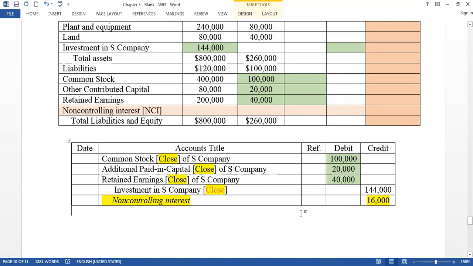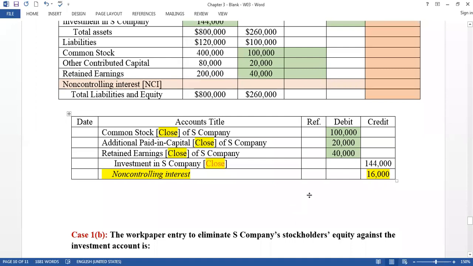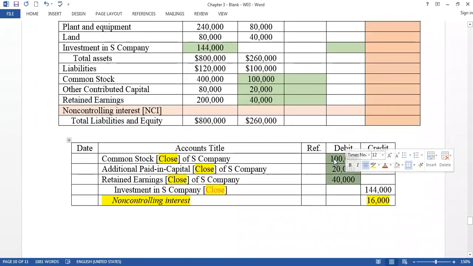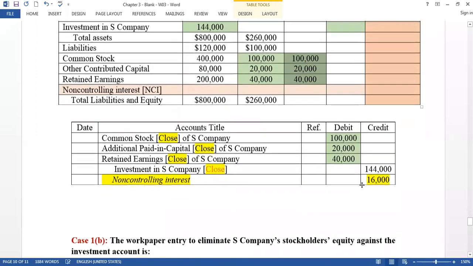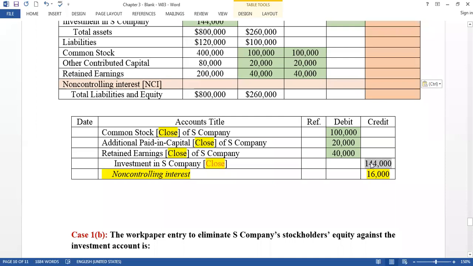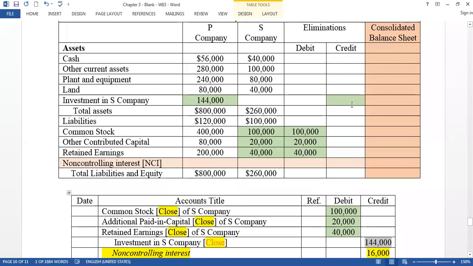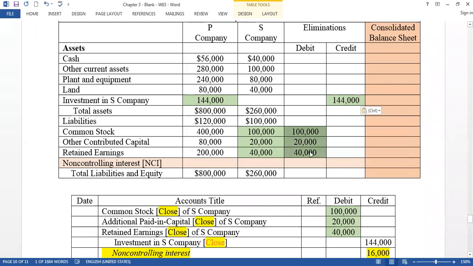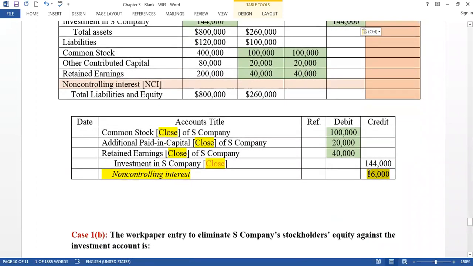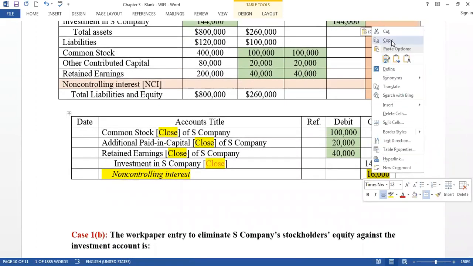So now this is debit. We put this on the debit side of the elimination entry. We put this amount in the credit, I mean investment in subsidiary credit. It is closed, right? We close the equity accounts of the subsidiary, we close investment in subsidiary, and we establish NCI. It is on the credit side.